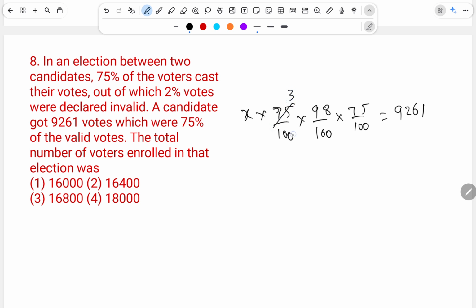Now this is 3 by 4. The rest is equal to 9261 into 4 into 4, 16 into 100 by 98. Now 98 is a multiple of 7. Is that a multiple of 7 or not? 7 ones, 7 threes, 21, 7 twos, 7 threes.